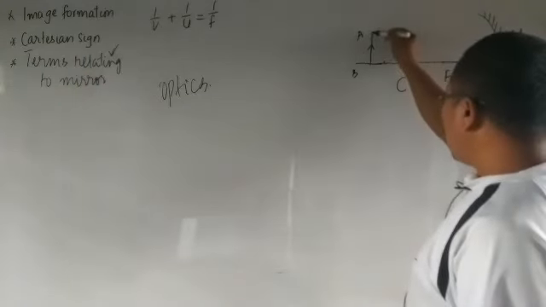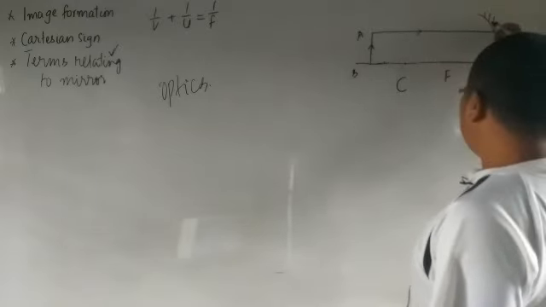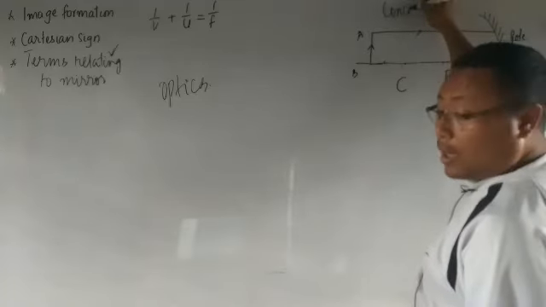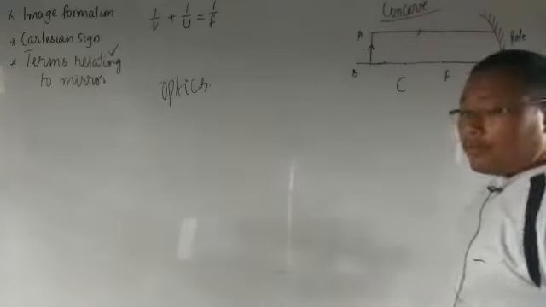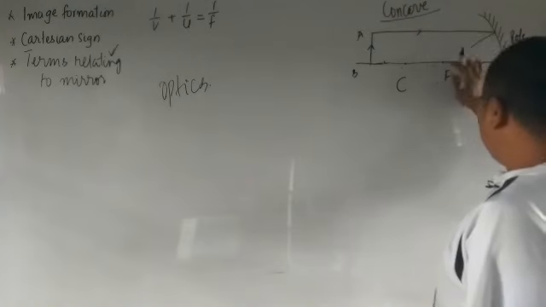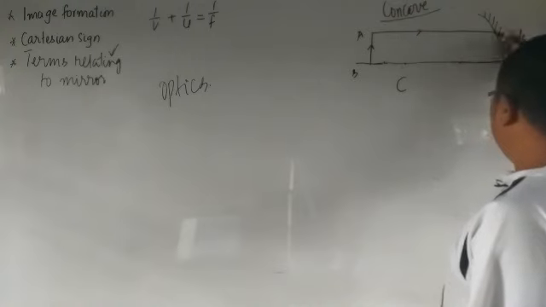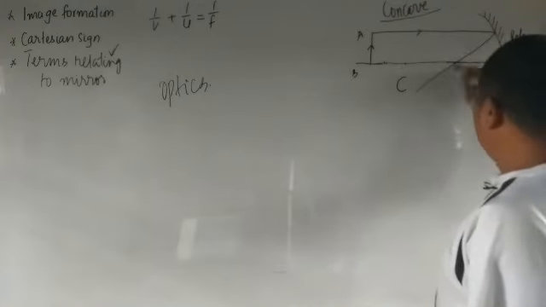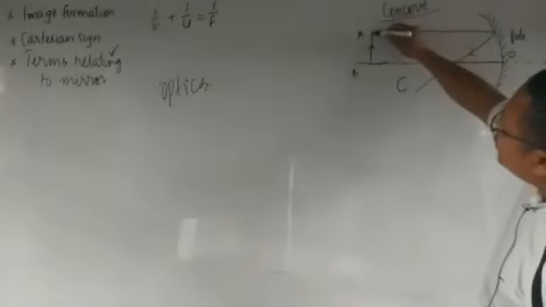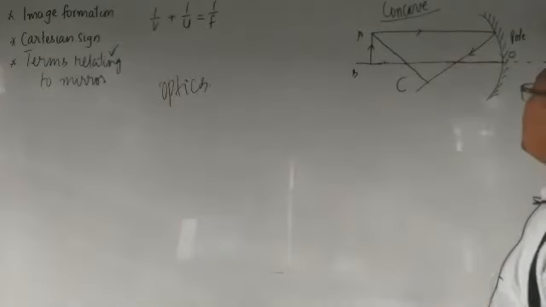From the top of the object, there will be a ray which falls on the mirror. This is a concave mirror. Remember, the mirror that we use now is a concave mirror. Then it reflects and comes back. Then from the top, one ray comes through the center. It comes like this.